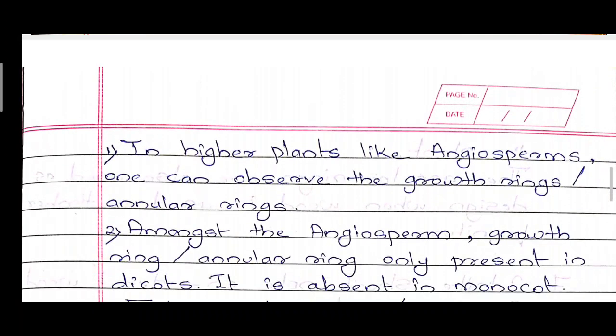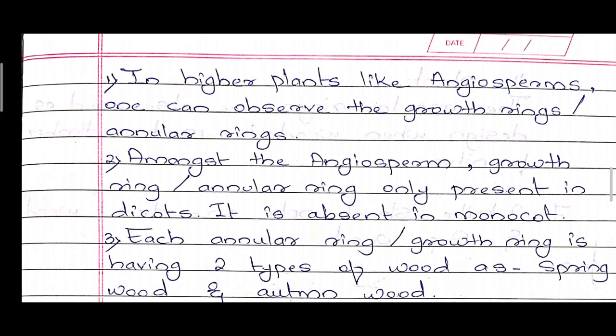So mostly these annular or growth rings are observed in the higher plants like angiosperms. Angiospermic plants, that means the flowering plants. In flowering plants these annular rings or growth rings are observed, but only in the dicot plants. It will be absent in the monocot plants. What are dicot plants?